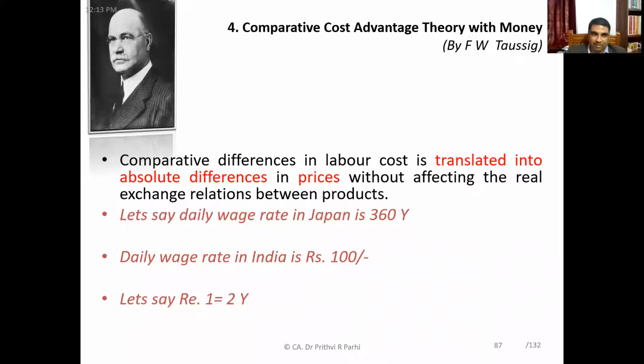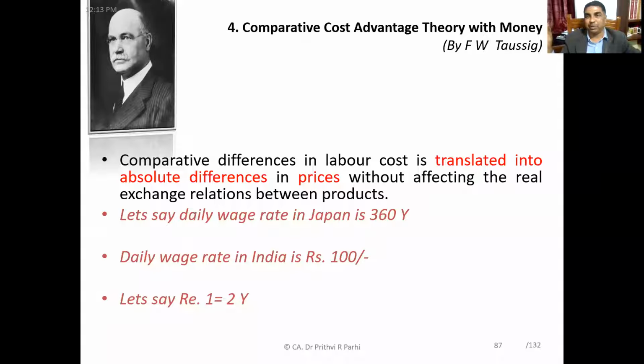Now, please understand what happens here. The comparative differences in labor cost are translated into absolute differences in prices. In the previous theory, we were only comparing per day output, that means per day production. What is the production per day of labor? Now that has to be converted into price.